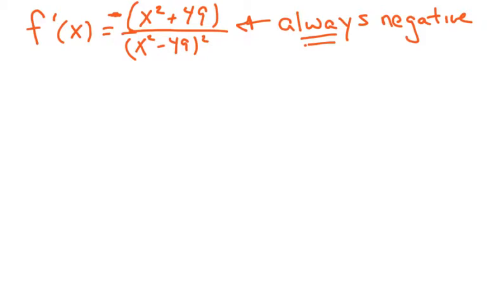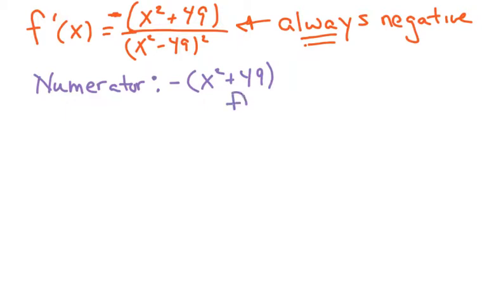Well, look at the numerator. This expression inside the parentheses, this is positive, and we're always multiplying by this other factor that is negative. So that is negative.